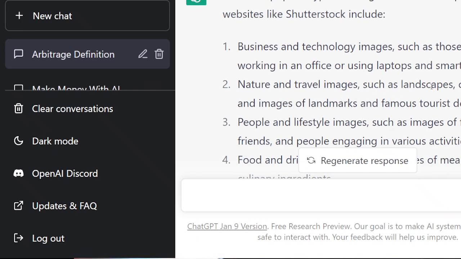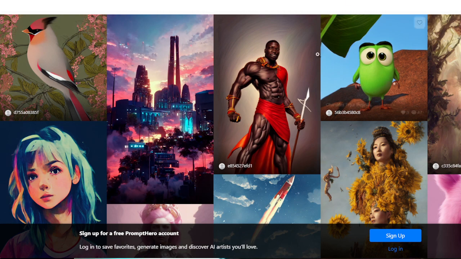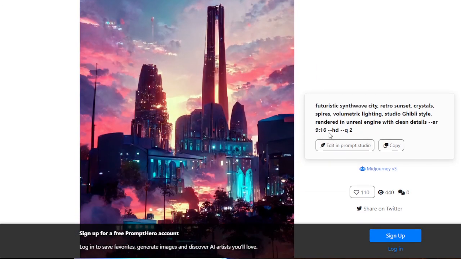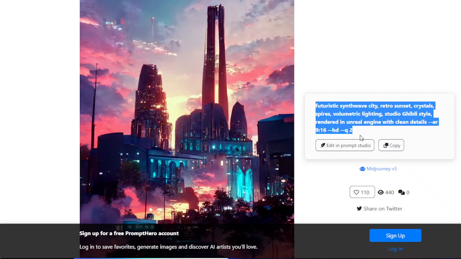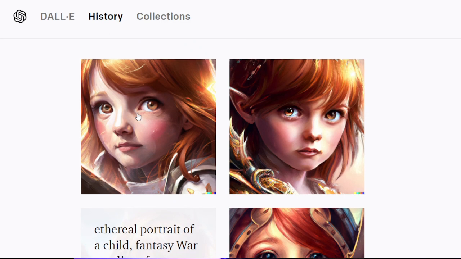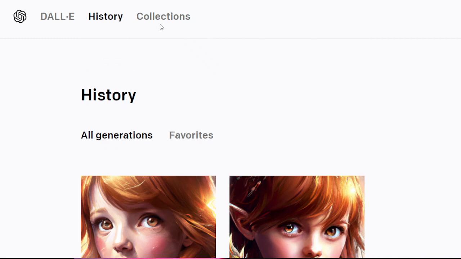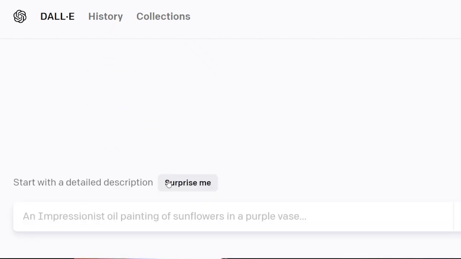So if we look at landscapes, cityscapes, let's see if we find, here's one. This is very interesting. So if we take a look at this one, we can steal this prompt and let's see if we can generate something from this super cool scientific looking prompt.